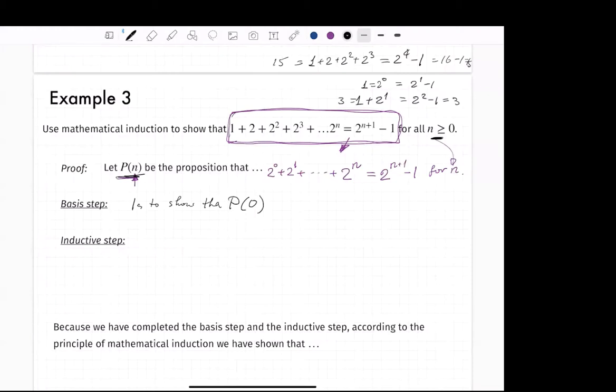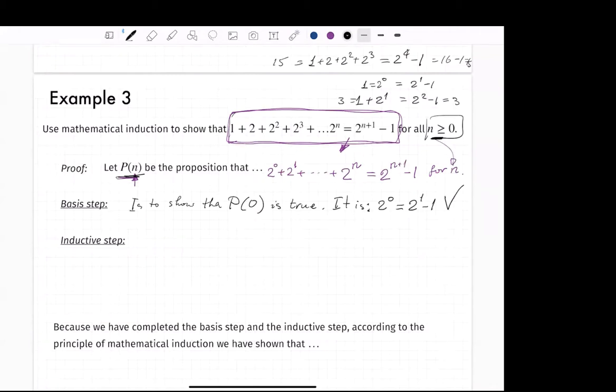What's the first n that I'm proving this for? P of 0 is true because 2 to the 0 is 2 to the 1 minus 1. It's true. Nobody argues with that.